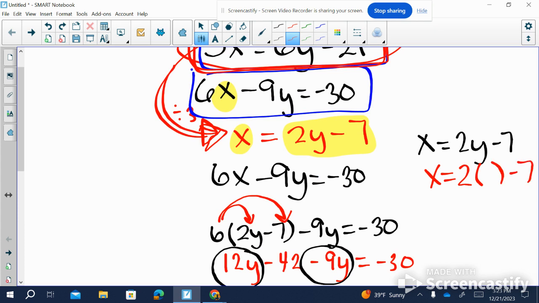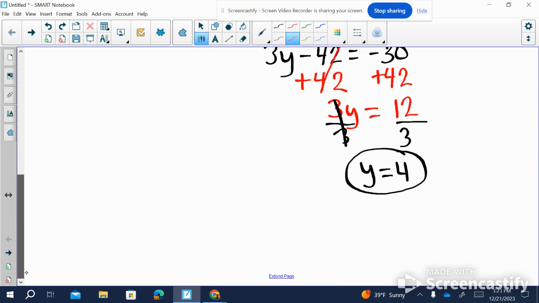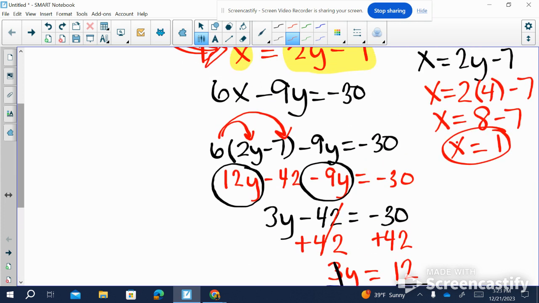Well, we just found that y is 4. So x equals 2 times 4 is 8 minus 7. x equals a positive 1. And y equals a positive 4. So the solution to this is 1, comma, 4.